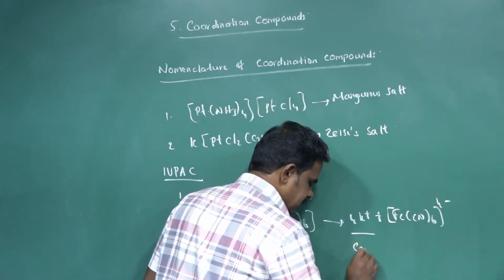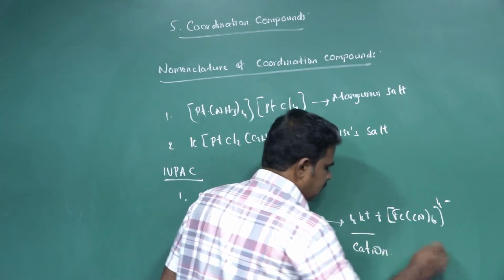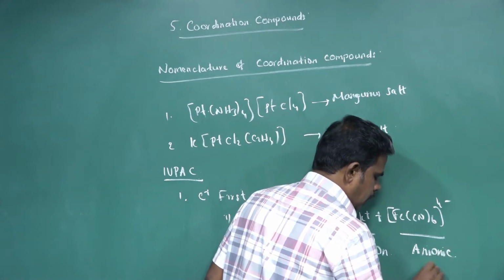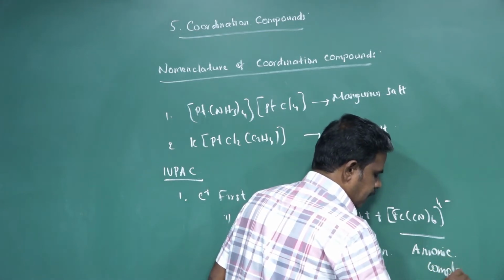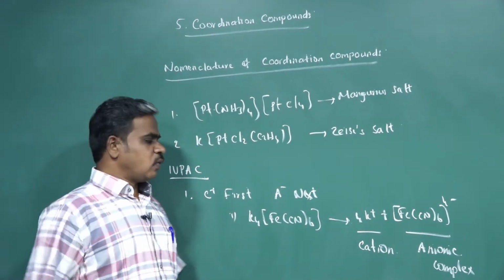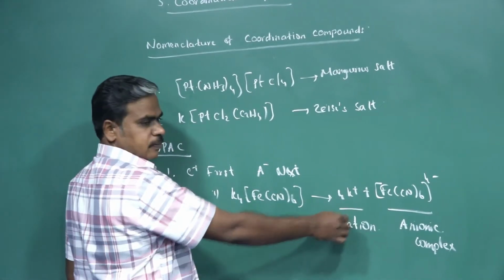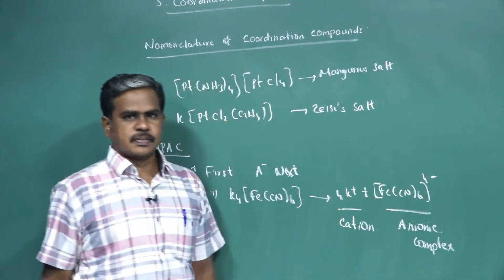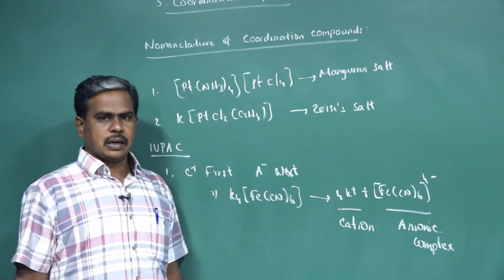Now it is a cation and it is an anionic complex. So here first we want to name the cation. So cation first and anion next.